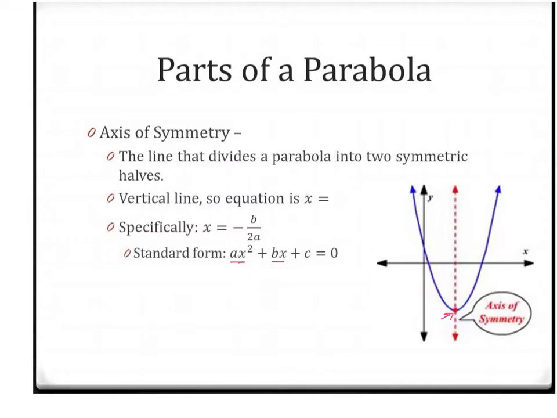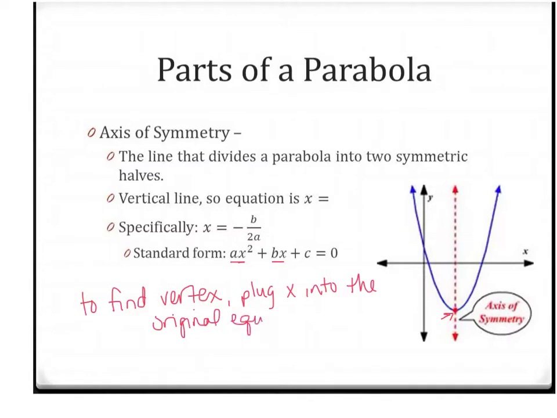To find the vertex, you're going to plug x into the equation, probably the original, and find y. So the x is whatever you got from that, and then we plug it back in to find whatever y value we have.